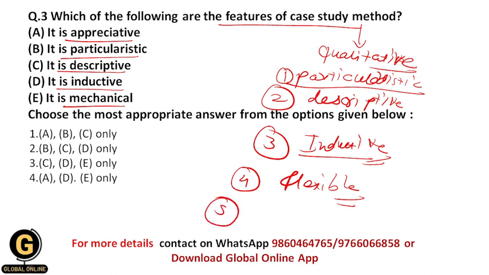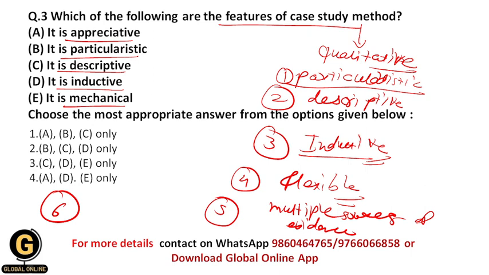Next, it should have multiple sources of evidence. And the sixth one is that it is interpretive. Interpretive means we should interpret our results, or the observations that we are getting, at the final stage.